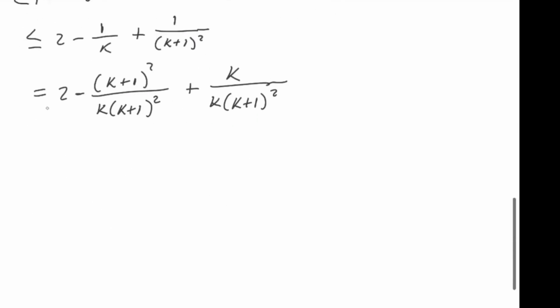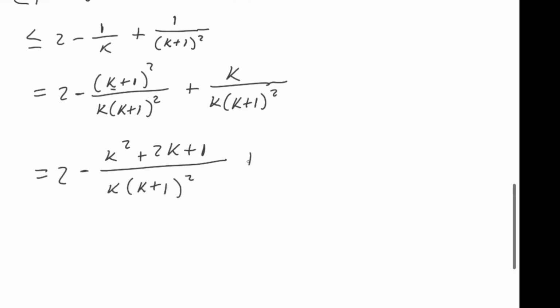All right, so let's look at this. So we have 2 minus k squared plus 2k plus 1 over k times k plus 1 squared plus k over k times k plus 1 squared.